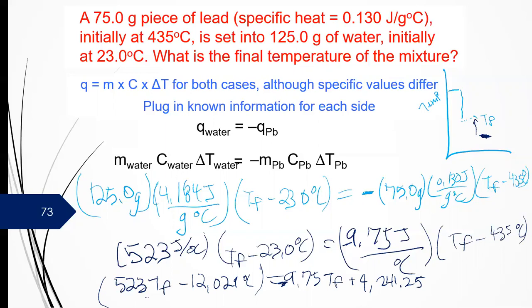So I'm going to try to consolidate these terms. 523 plus 9.75 becomes 532.75, times my final temperature, equals the 4,241.25 plus the 12,029.